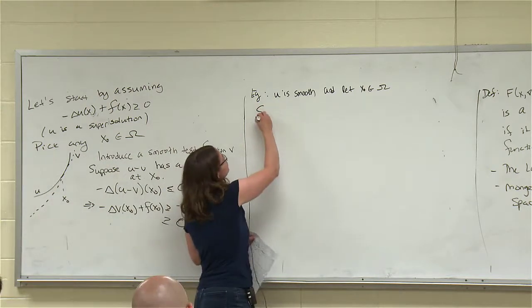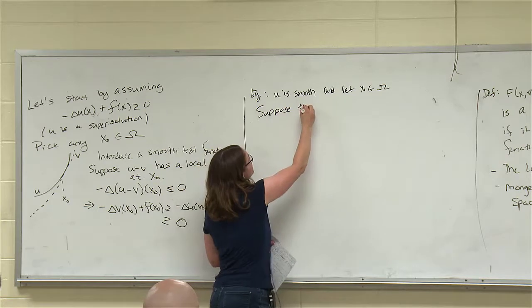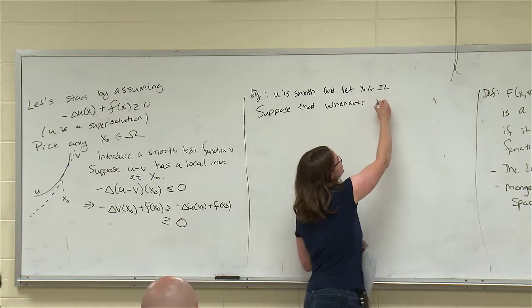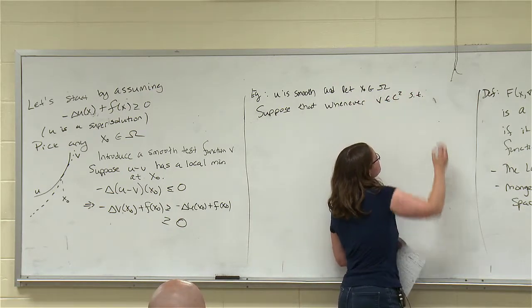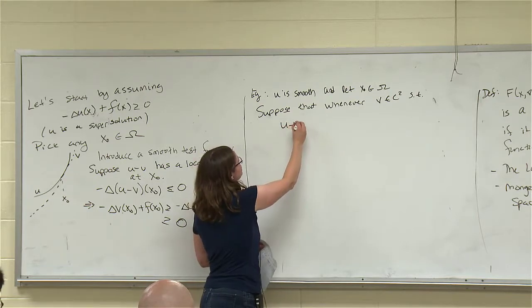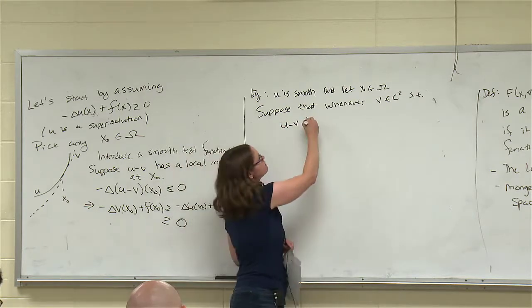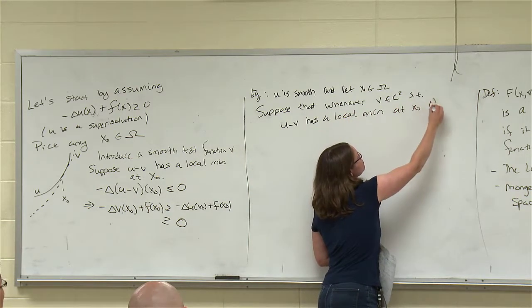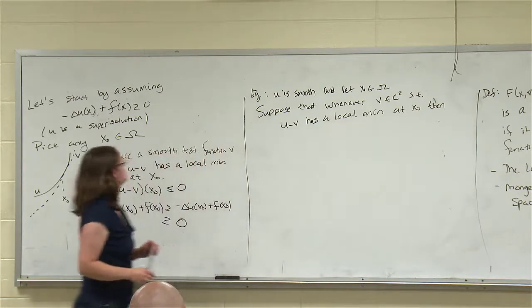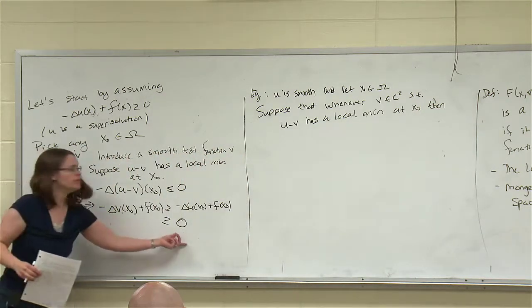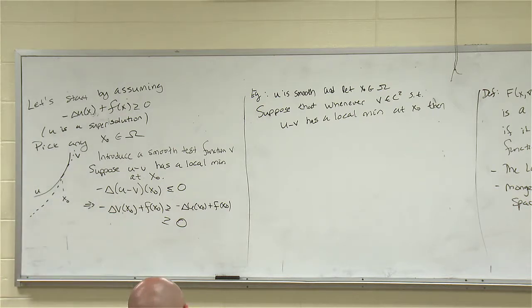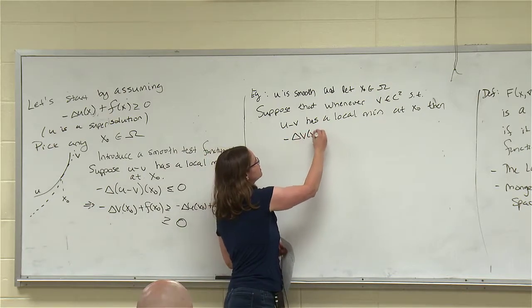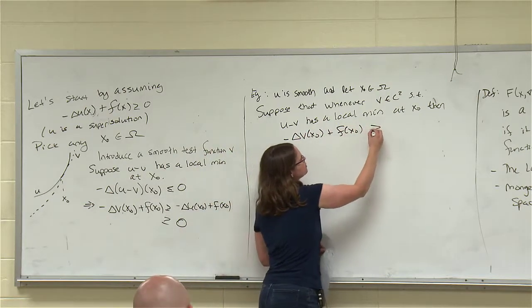And let's suppose that whenever v is a smooth function such that u minus v has a local min, we said, then left-hand side, right-hand side, and we throw out the middle. So we're not taking derivatives of u. Then minus Laplacian of v plus f is greater than or equal to 0.